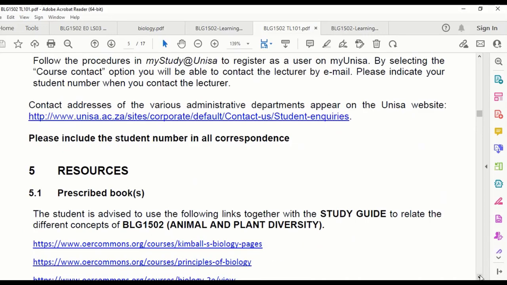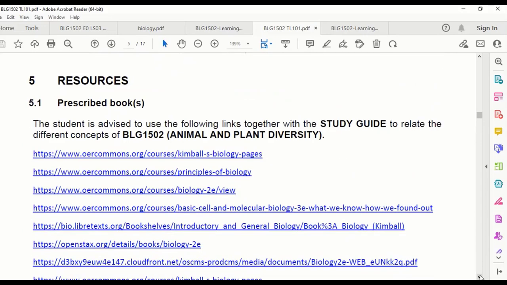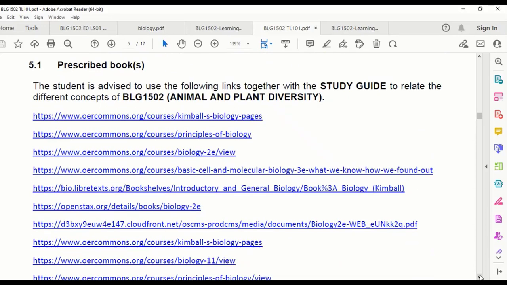So that's basically it, and this is the most important thing. I had it in my last year's notes, but now I cannot find it. I had an ebook, the prescribed links for study materials and study book, and for this particular module, I think the book by Campbell, Biology, 2015. I forgot the exact title of the book, but it's very, very important.